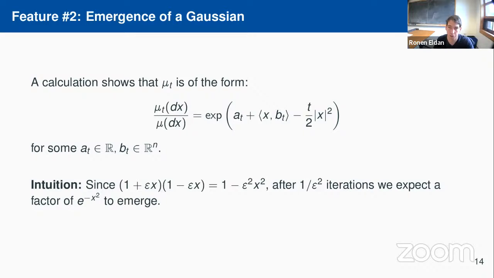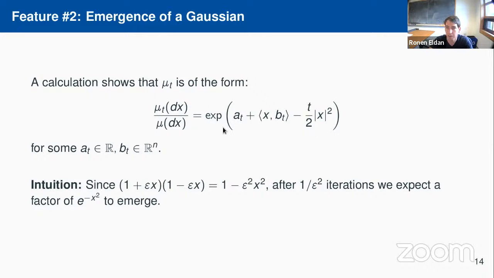Now, another nice feature is the following. A calculation that uses something called Ito's formula shows us that at any time t, the measure mu t actually has its density with respect to mu in a pretty simple form. It is always the exponent of some quadratic expression.